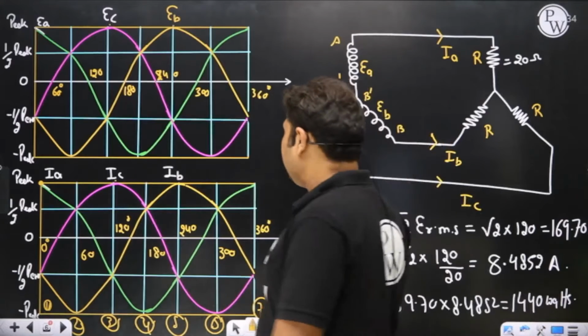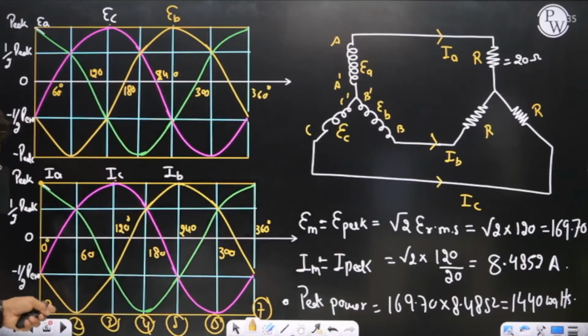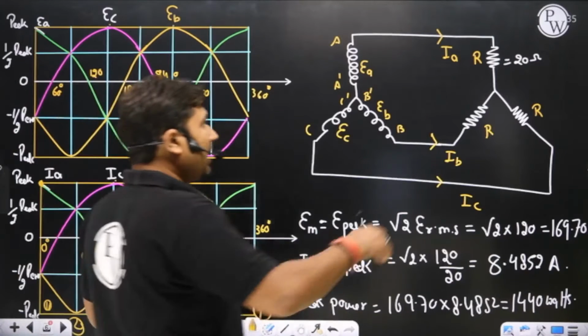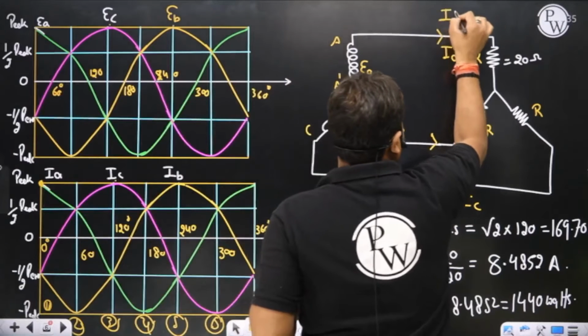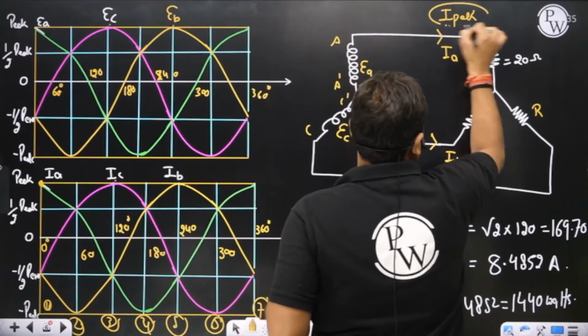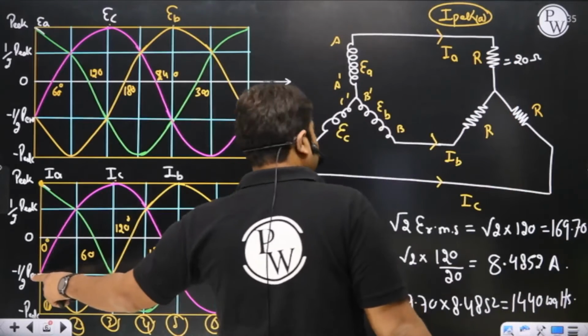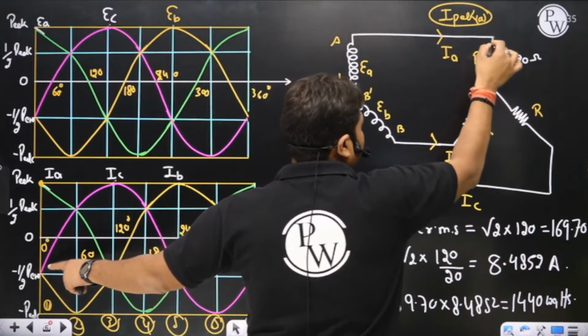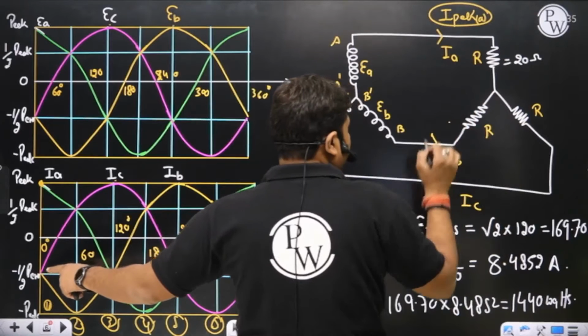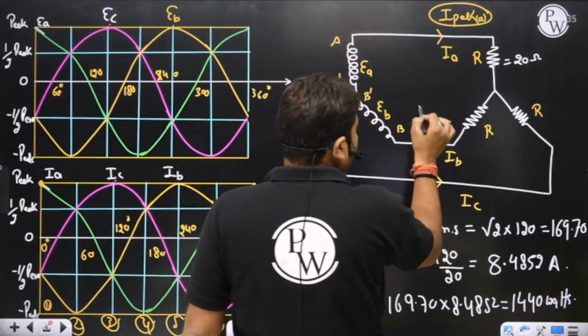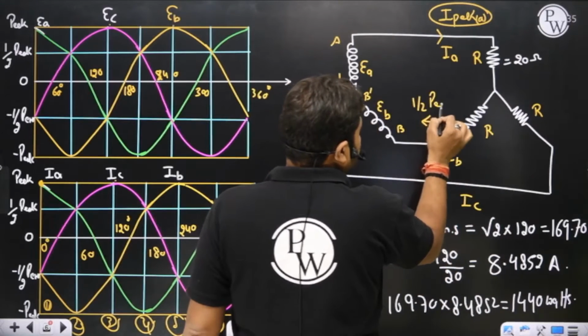Sir, you are saying that if this current is flowing, it means IA is flowing at peak. When IA is at peak, what about IB and IC? They are at minus half of the peak. Minus half of the peak means, sir, it goes in this way.